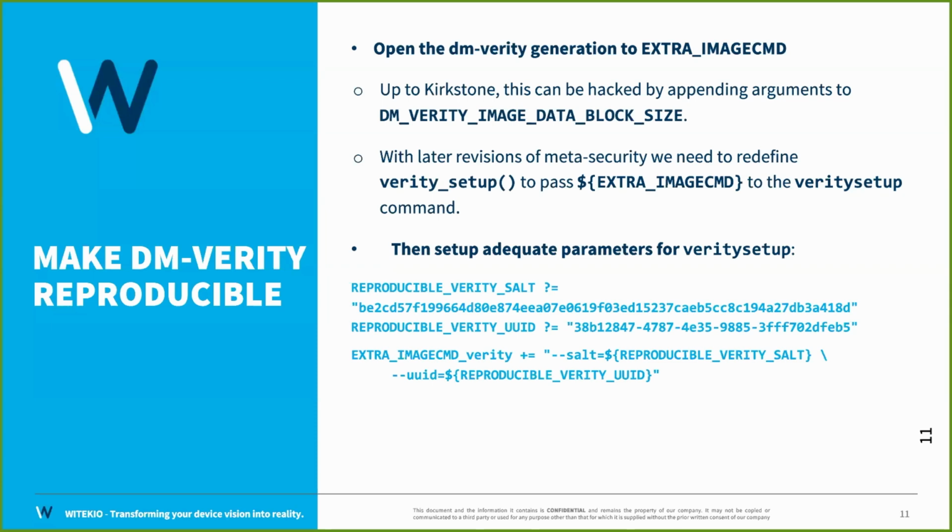Unfortunately, or fortunately, in later revisions of meta-security, it still isn't quoted, but it is used in other ways at other places where we can't do whatever we want with it, and there is no substitute. So again, we have to "patch" the class doing that, so that it takes extra IMAGE_CMD or some other variable to introduce extra arguments.